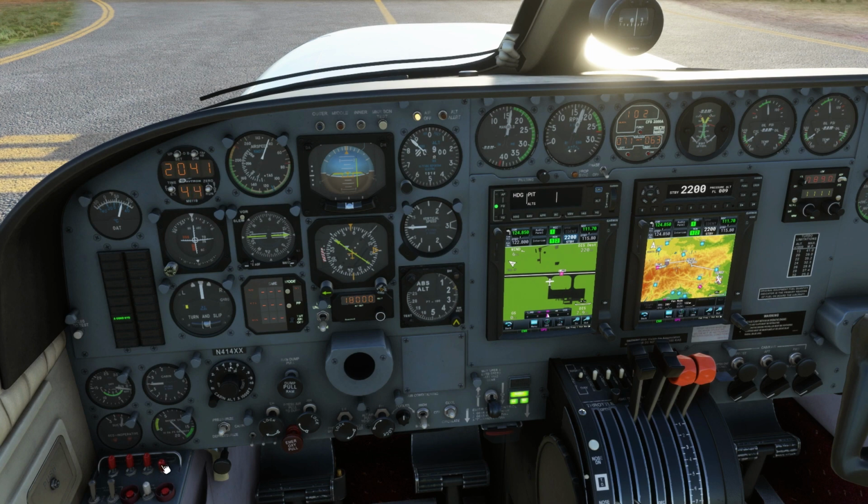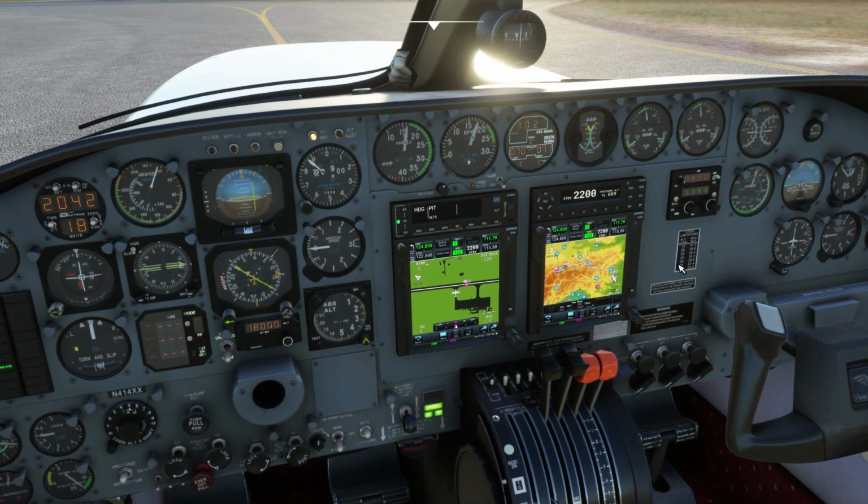So it's quite nice. Okay, back to both magnetos for the right engine. Again, we see a dip. Now the left engine. Yes.